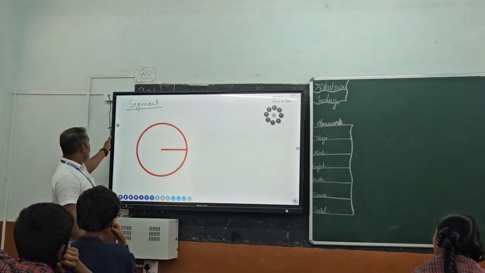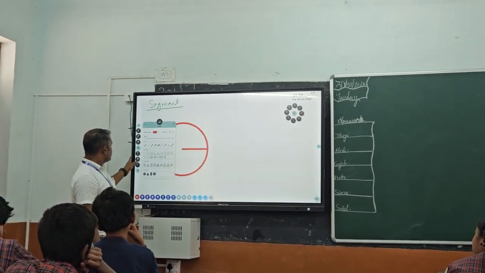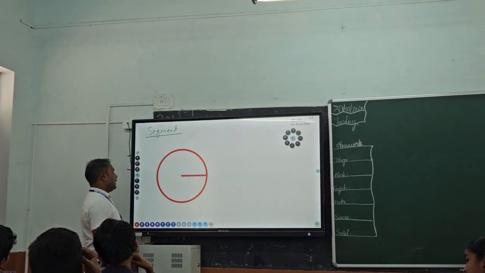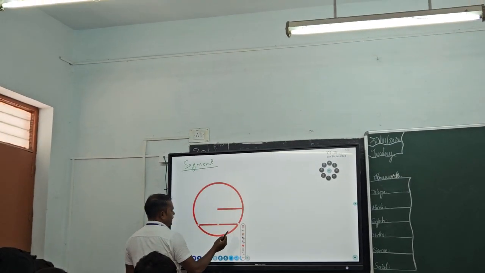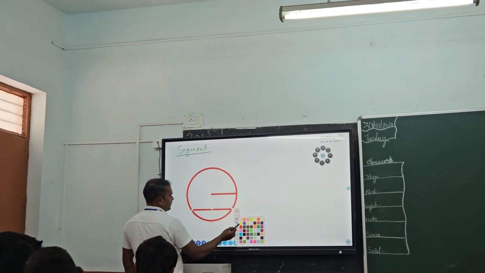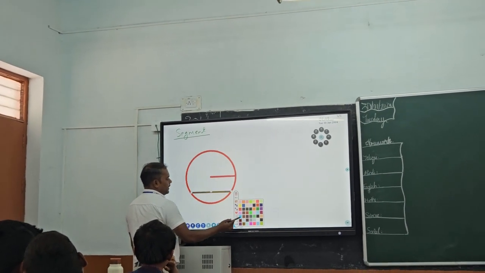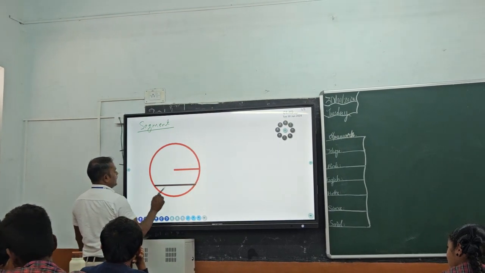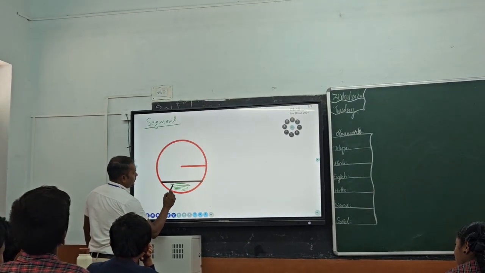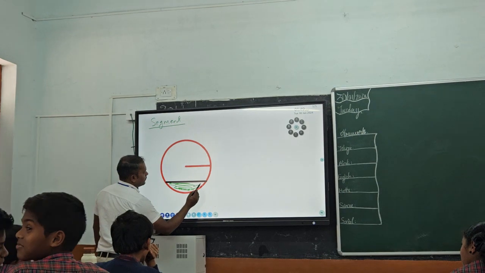Suppose someone doesn't know how to cut the cake, like Abhiram. He will cut this part and eat this smaller part. Suppose Abhiram cut this smaller part and ate this part.